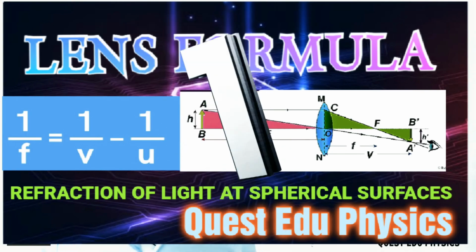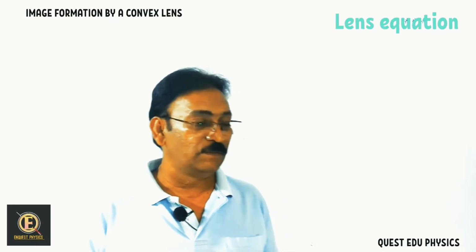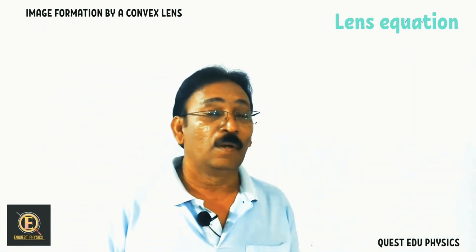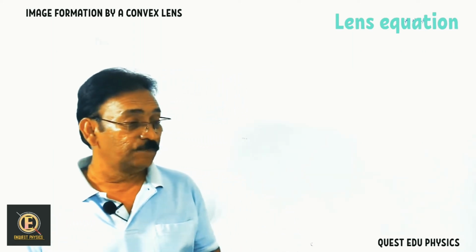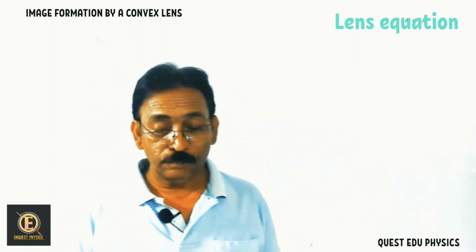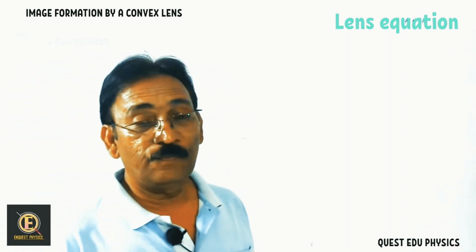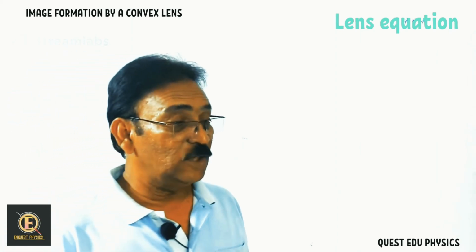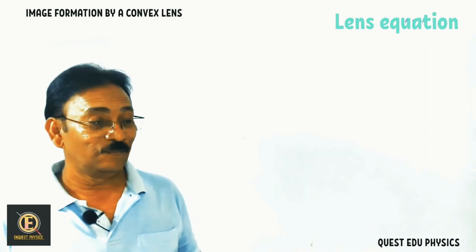We start with the image formation by a convex lens. Or simply we can say, how to get the images when the object is placed at various places on the principal axis.